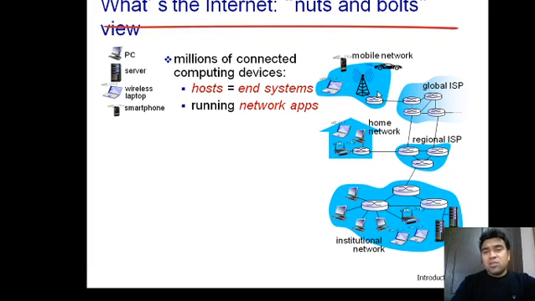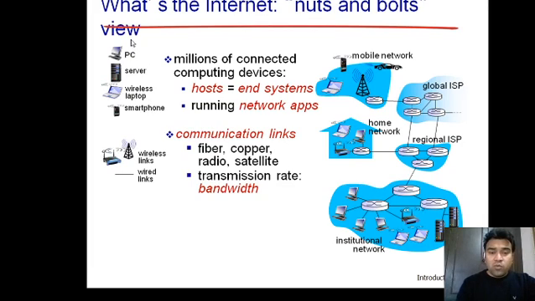So all the smart devices which are connected with the internet are also called end devices or end systems, which are at the edge of the internet. So that is why it is called network edge. Here you can see PCs, servers, wireless laptops, smartphones. They all come under network edge.